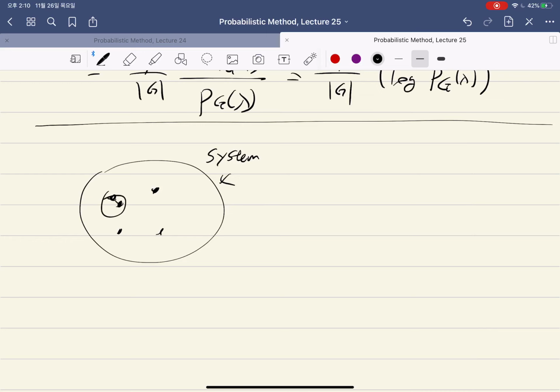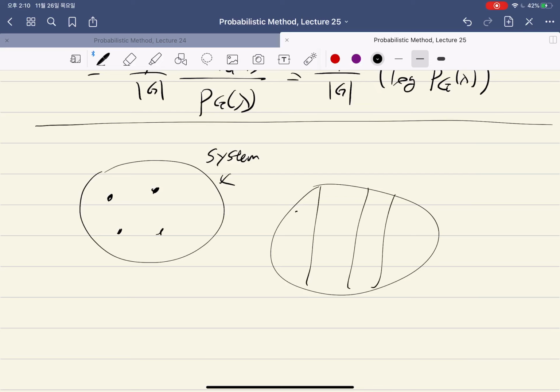They push each other, so they cannot be too close. So let's say there is a discrete number of locations that you can have, but the atoms cannot be too close.